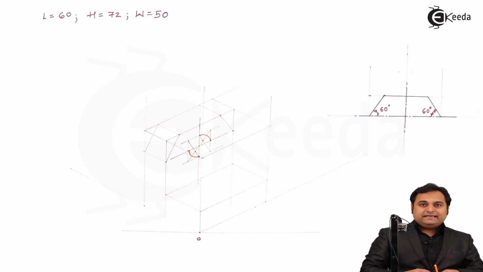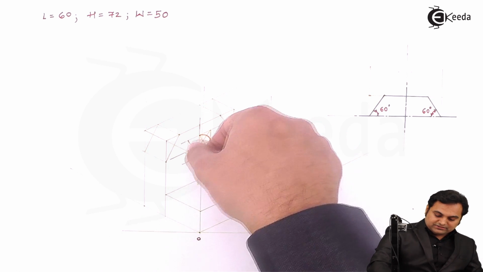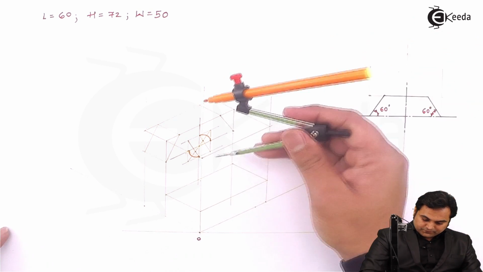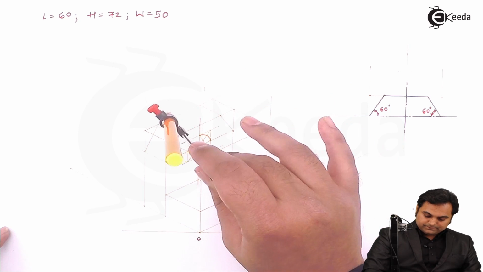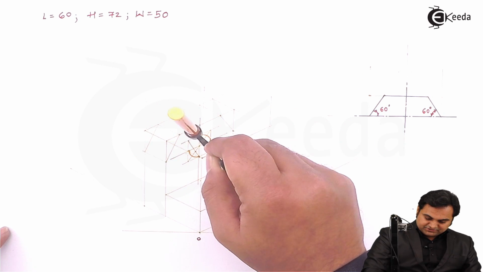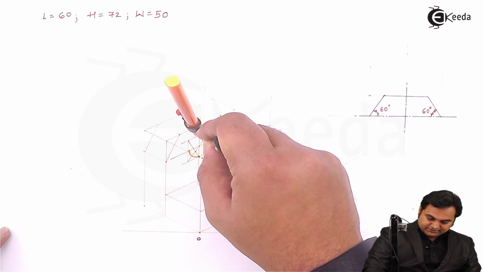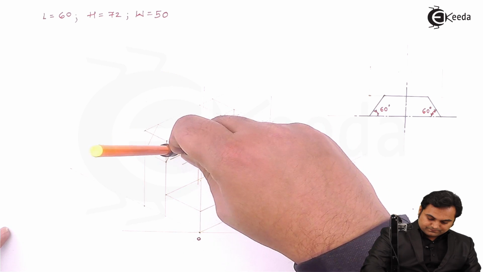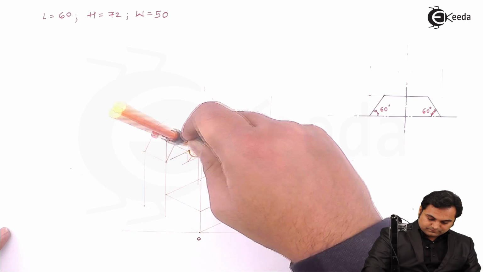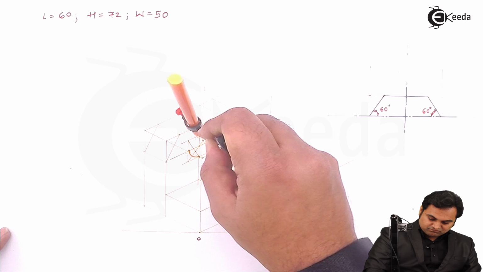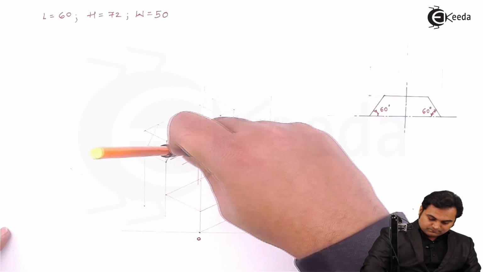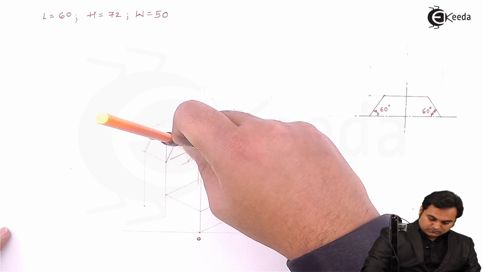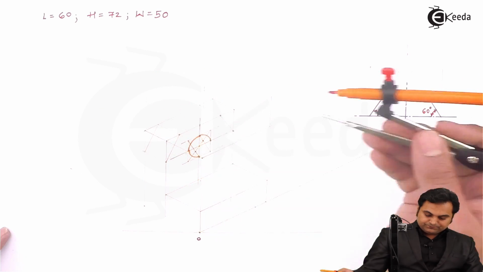Light. Next, I have to draw arcs here, so connecting them, take this center, adjust the distance, taking this as the radius, drawing a light arc.